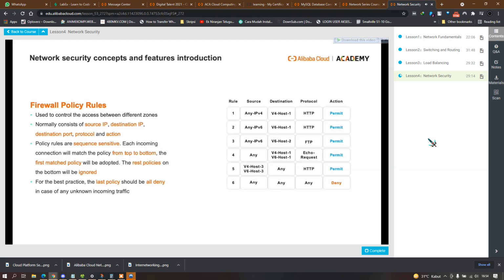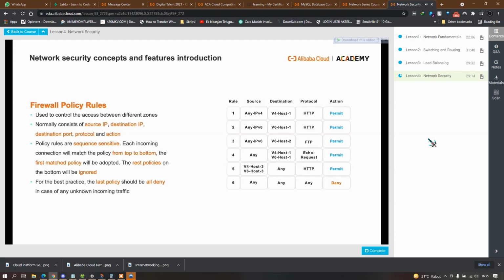And normally firewall policy rules consist of these elements. The first one is the source IP, which means where your connection is from, and the destination IP and destination port mean where your connection wants to go, and the protocol means what kind of application your connection is running, and the last one is the action, which means that for this rule it will allow your connection to go inside, or it will forbid your connection. So all these elements make up one firewall policy rule.